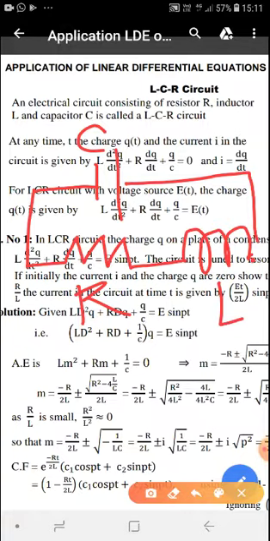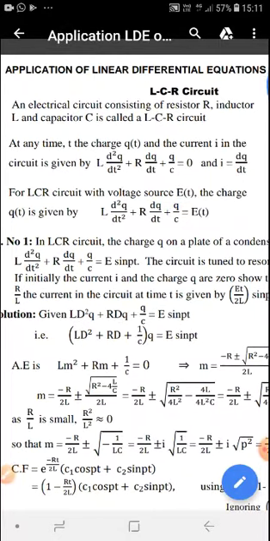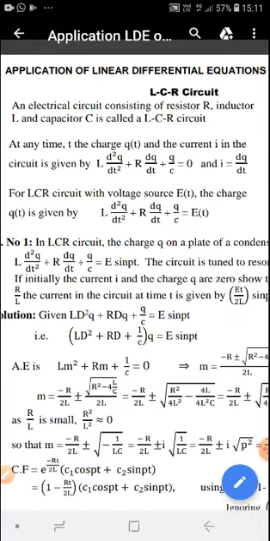Here the current in the circuit at any time t is denoted by I. To find the current I in the circuit at any time t, we make use of the differential equation.